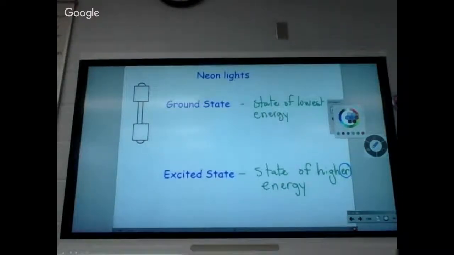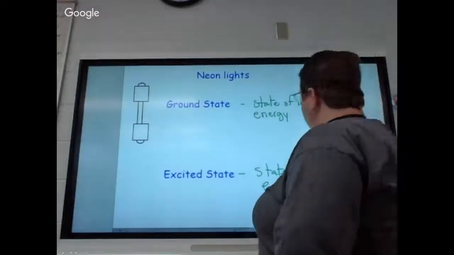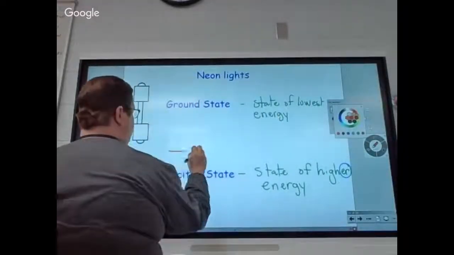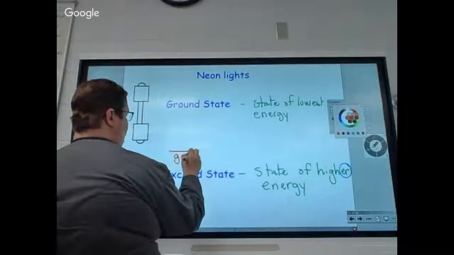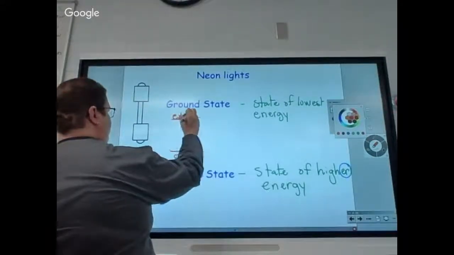Those are all higher states, okay? So just because you went to 2 doesn't mean that's the only place you can go. Any of those above 2 are higher states, okay? So we're going to go from the ground state to the excited state.